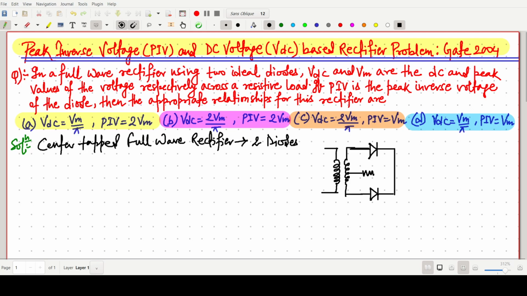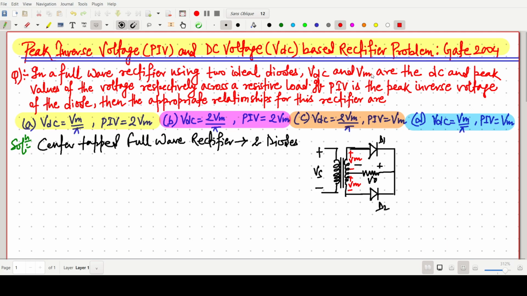So this one is our D1 and D2 diode, with plus or minus Vo, plus or minus Vs, and here I am saying this voltage is plus or minus Vs. So this one is our center tap full wave rectifier.